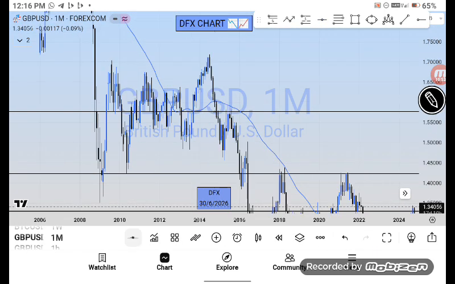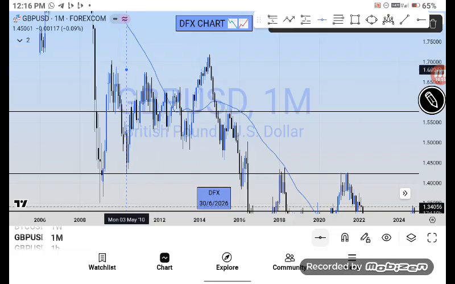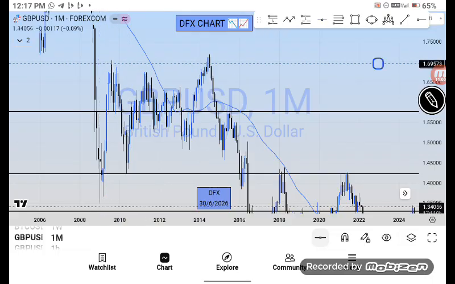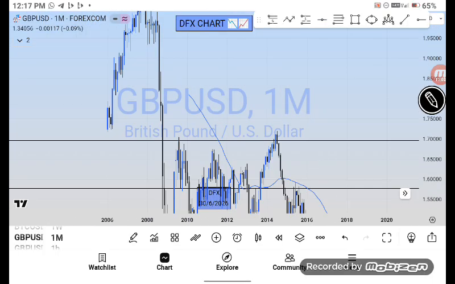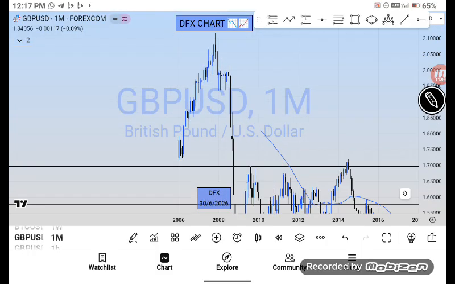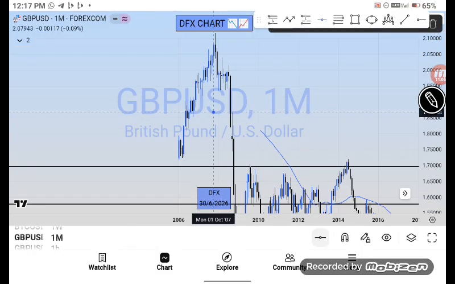time frame. In fact, recently my top-down analysis has been done from weekly to 4 hours, and sometimes from monthly to 4 hours, depending on how I'm seeing the market at the moment.